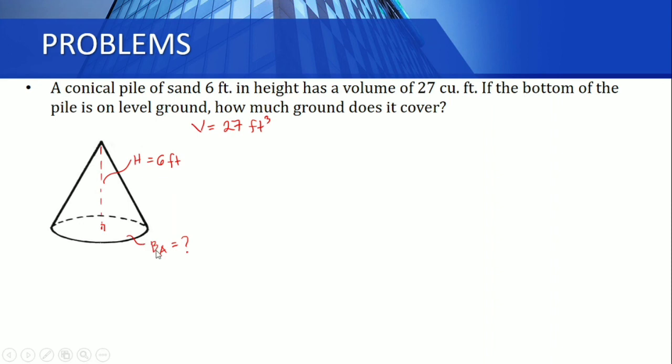So sabi niya conical pile of sand, so circle yung magiging area natin. So sabi natin volume is equivalent to 1/3 base area times height. So given yung volume natin, that will be 27. So 27 is equal to 1/3 base times height. So yung height natin, that will be 6 feet.